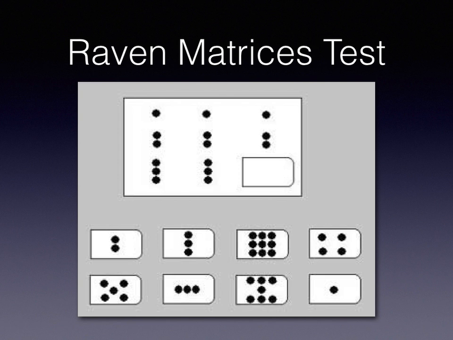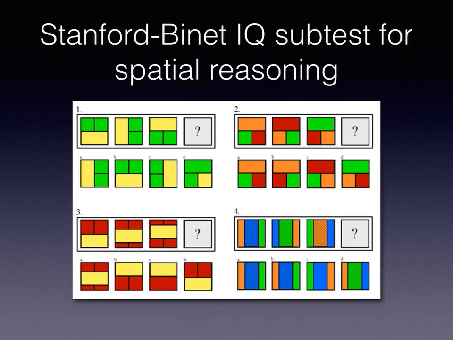So it's an abstract sort of thing. These are a lot harder. I'm only going to talk about this first one. We talk about the other 3 in class. But number 1, you're supposed to pick of A, B, C, or D, these 4 yellow and green squares, which one best fits into that blank.